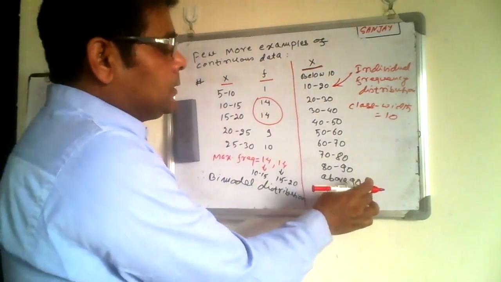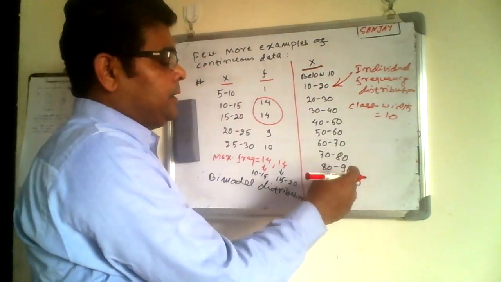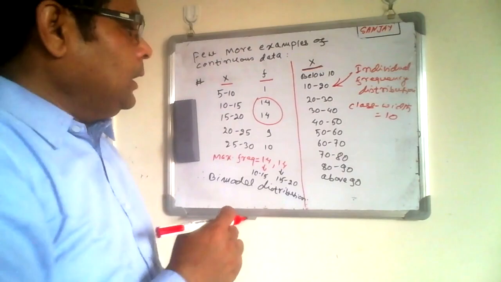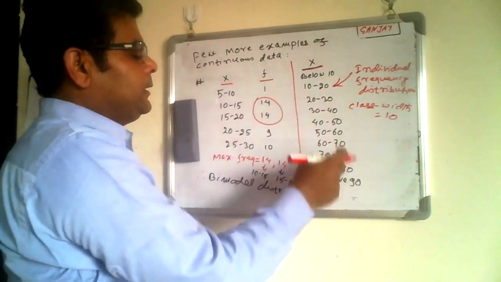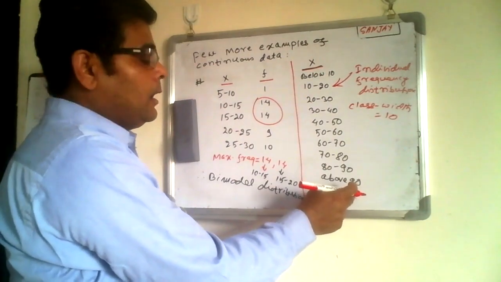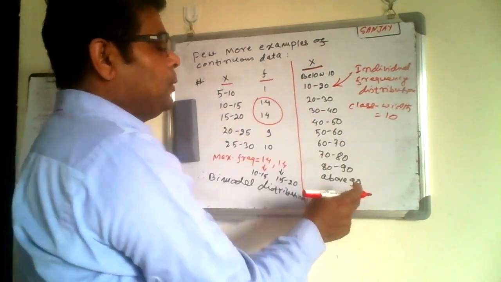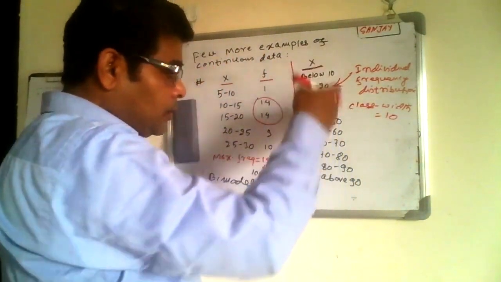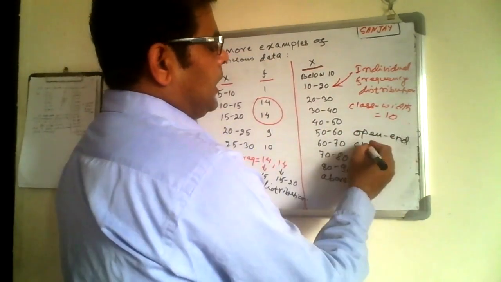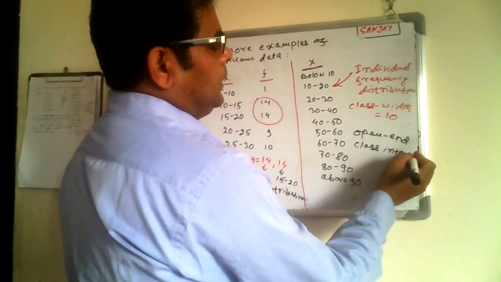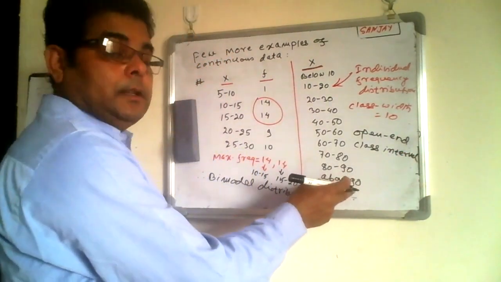So its end point is also not closed here by any number. So here there can be any number below 10 and there can be any number after 90. Therefore those sorts of things are also called the open end class interval, because its end is open.